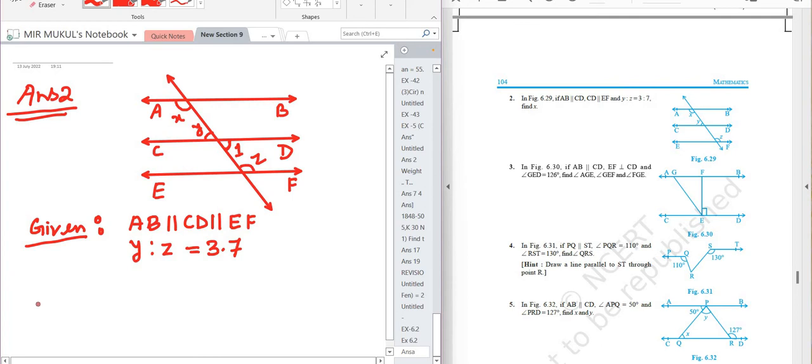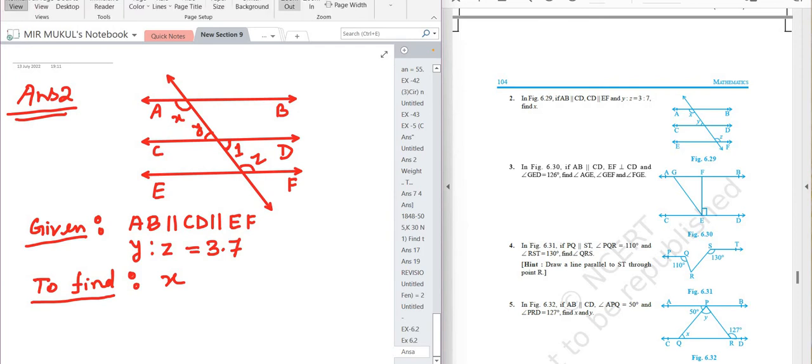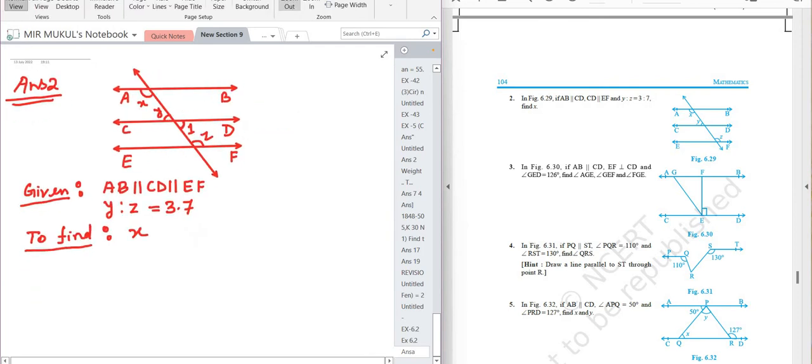Okay, this is given. Now, to find, we have to find the value of x. Okay, Aksara, understood the question?